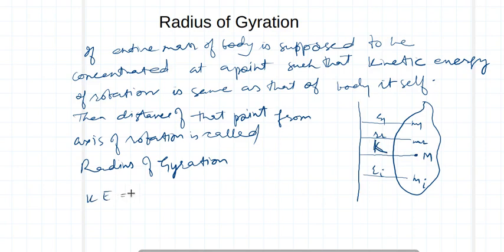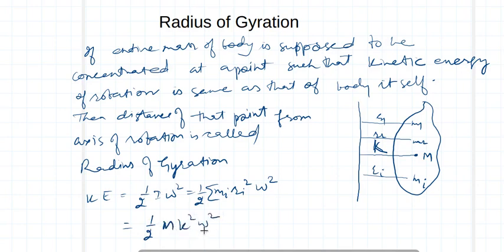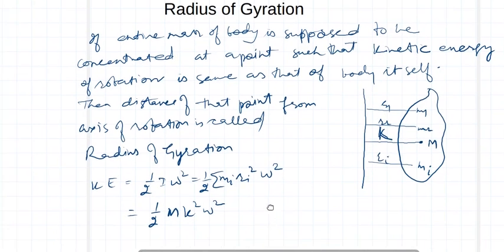That means the kinetic energy of the body is half I omega square, or it can be written as the summation of 1 by 2 mi ri square omega square. But in terms of radius of gyration, it is 1 by 2 M k square omega square, where k is the radius of gyration.